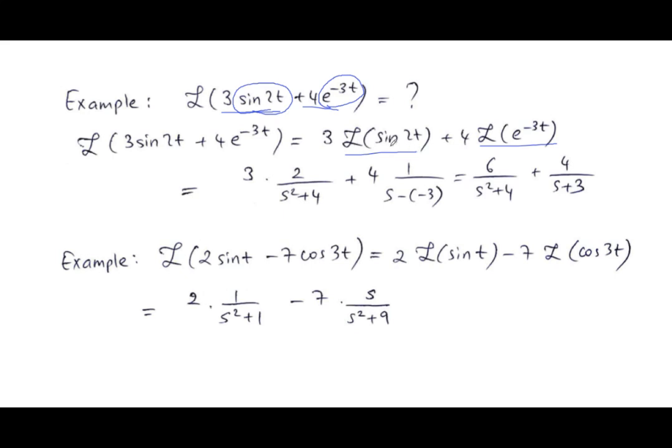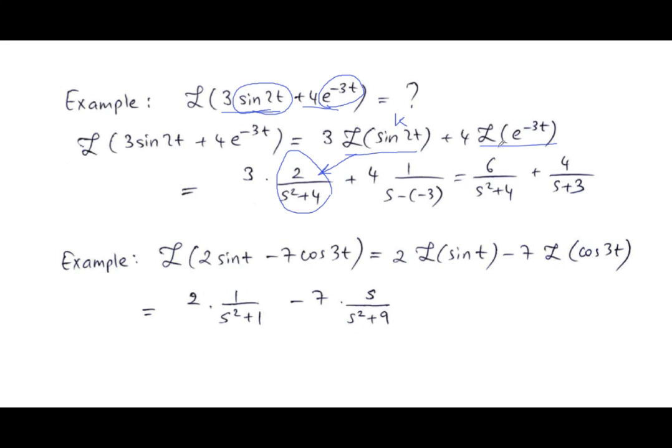And what's the Laplace transform of sine 2t? Here, if you go back to our previous example, it was sine kt. So k equals 2, as we have used the notation previously. And basically that gives you k divided by s squared plus k squared. So that's the Laplace transform where we write in this expression.